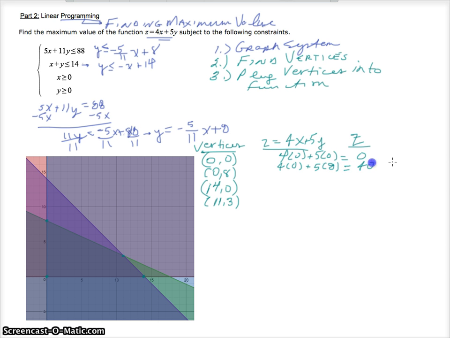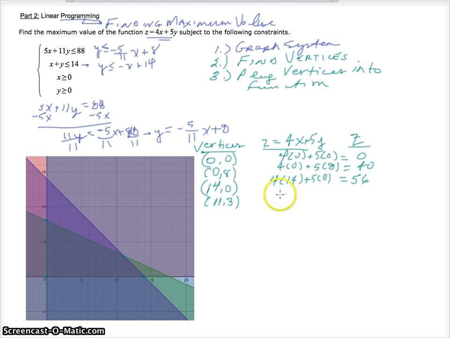This equals 40. Let's plug 14, 0 in. 4 times 14 plus 5 times 0. 4 times 14 is 56. 56 plus 0 is 56.